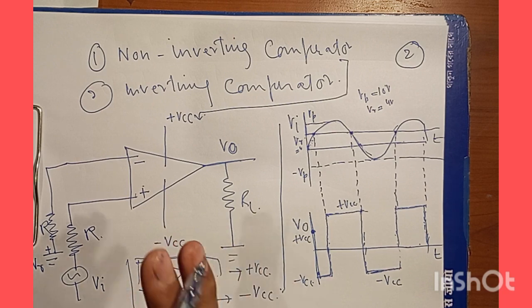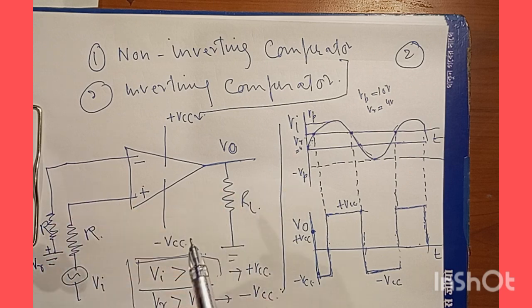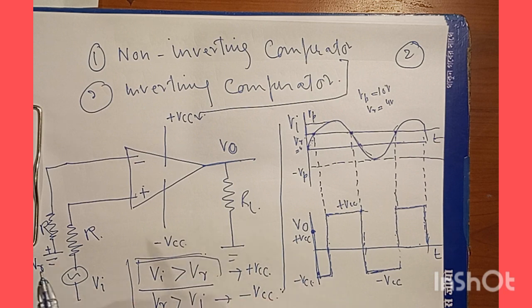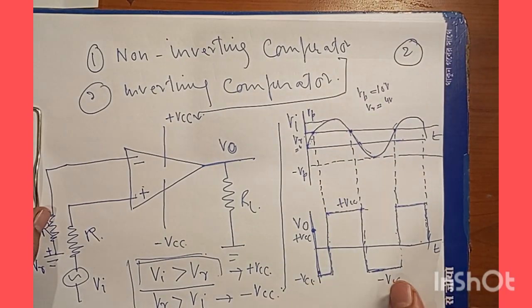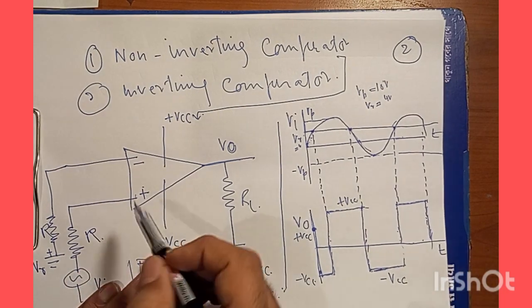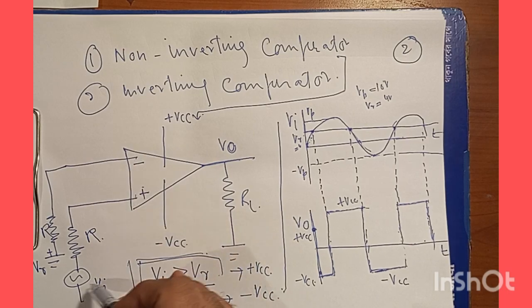So we can see we have taken a non-inverting operational amplifier, and we have made arrangements in such a way that it marks the comparison of the two signals that we have already discussed. Now we can repeat the same process, the same comparison, simply changing the arrangement for positive and negative.